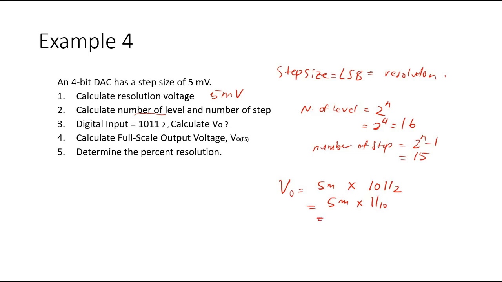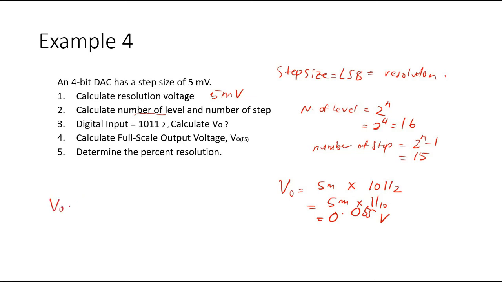So multiply 11 multiply with 5 milli. Okay, 5 milli. So kita akan dapat V out equal to 0.055 volts.